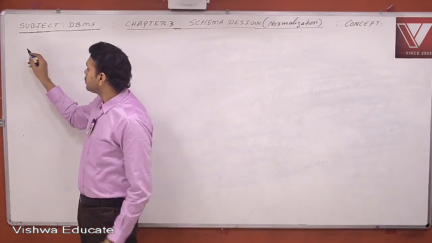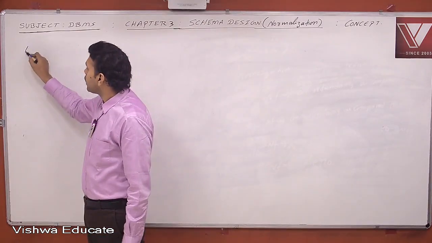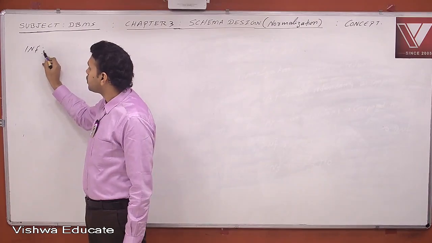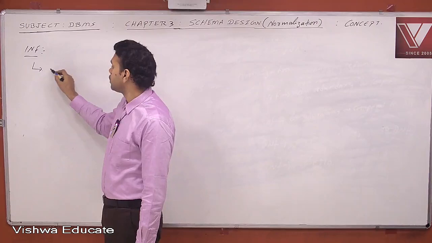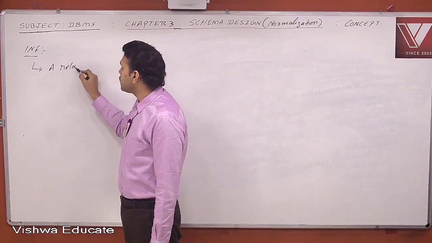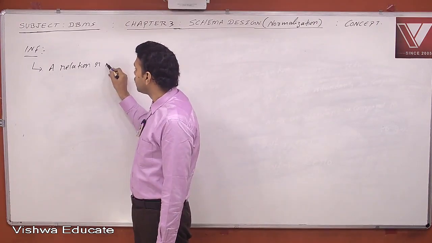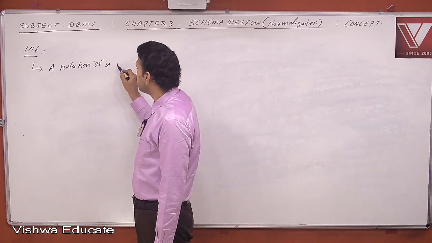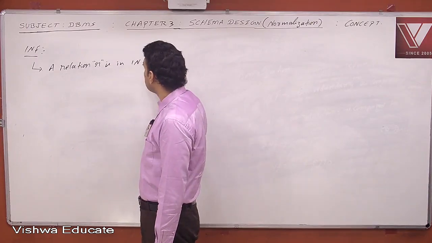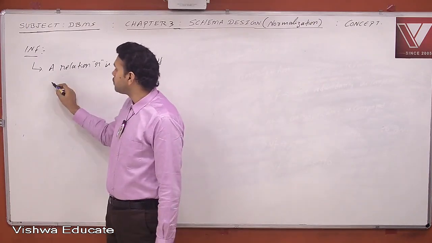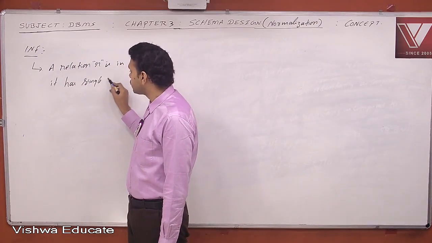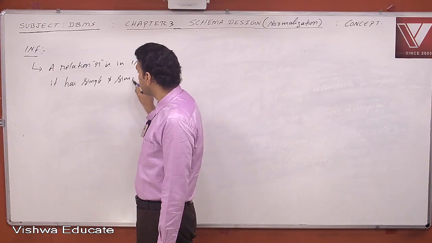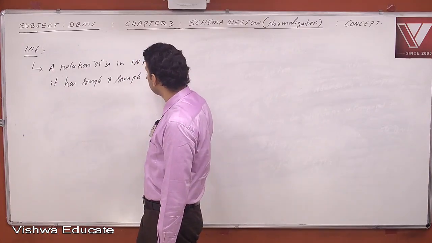What is the meaning of first normal form? A relation R is in 1NF if and only if it has single and simple values.